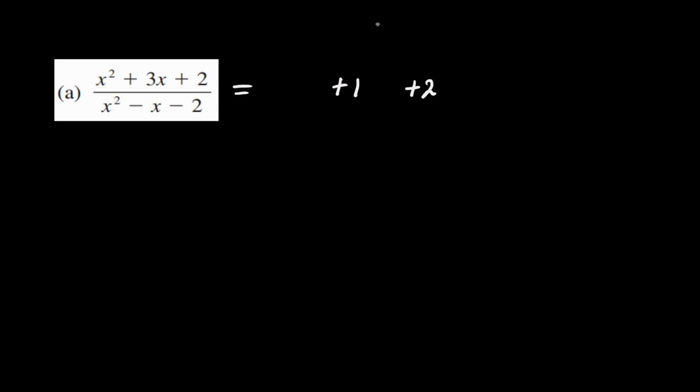So once we have found these two factors, all we have to do is to add x over here, put this in parentheses, and also add x here and just put them in parentheses. So we have factored the numerator, and next we need to also factor the denominator by searching for two factors of negative 2 such that their sum should be negative 1, because this negative sign we have here is actually negative 1.